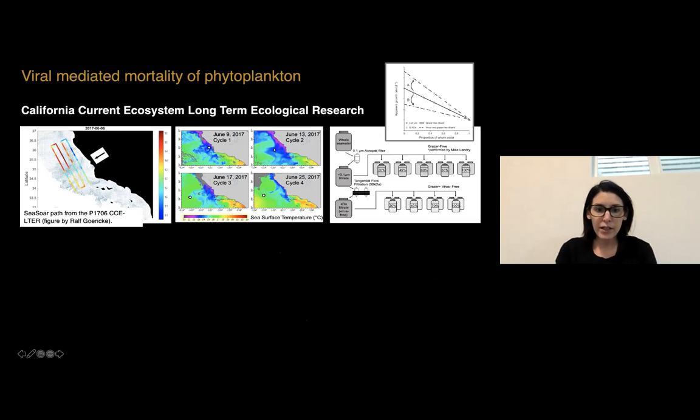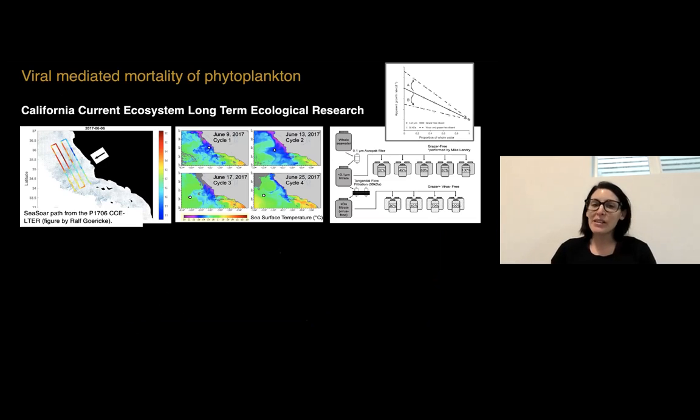So try to move this one here. Okay, so this is work that we are doing off the coast of California. So this is at that top level, thinking about viruses and community ecology. There's also work done by a PhD student that I'm working with. And so she has gone out on what's called the California Current Ecosystem Long-Term Ecological Research Project, or CCE LTER, also a mouthful.